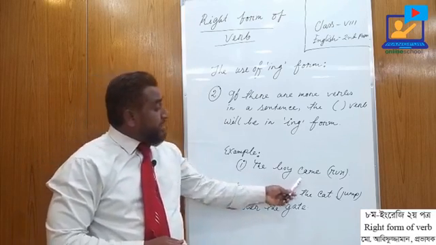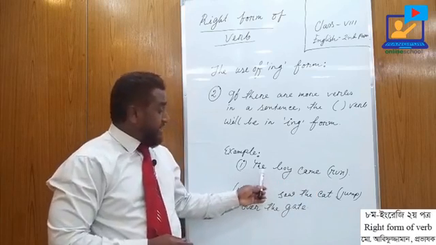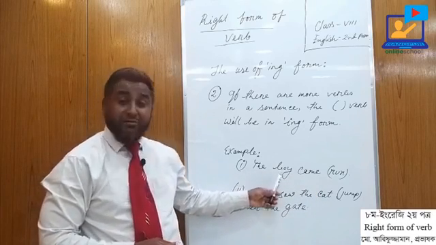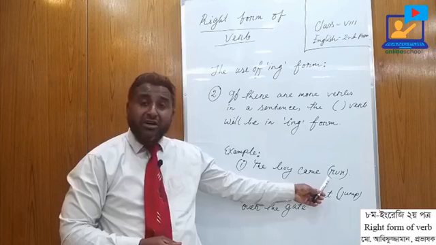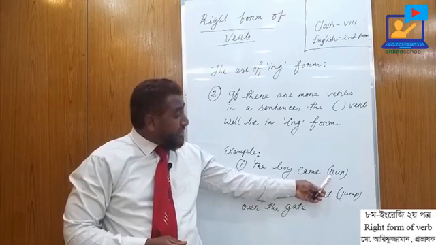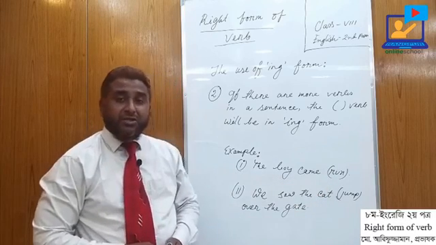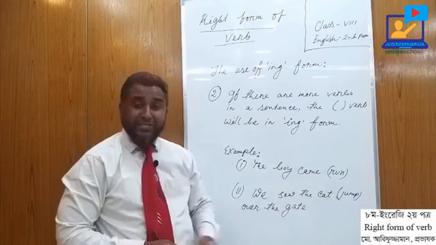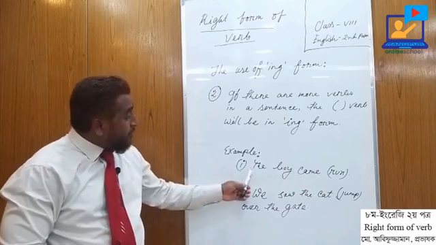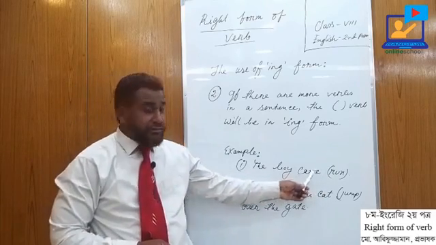The boy came run. In this sentence, you can see two verbs, came and run. And within run, we can see the bracket. So, this verb will be in ing form. That means, the boy came running.